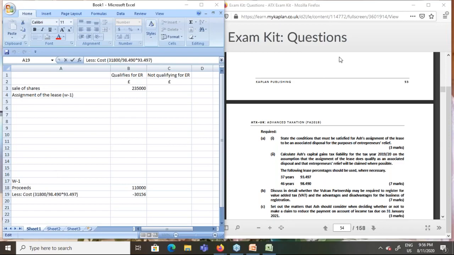Let me see. 31,800, 98.490 multiplied by 93.497. There can be a small difference, but it doesn't matter. Yeah, 1 second.